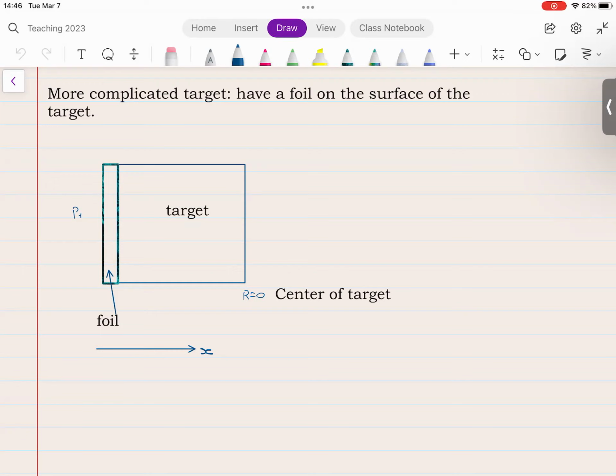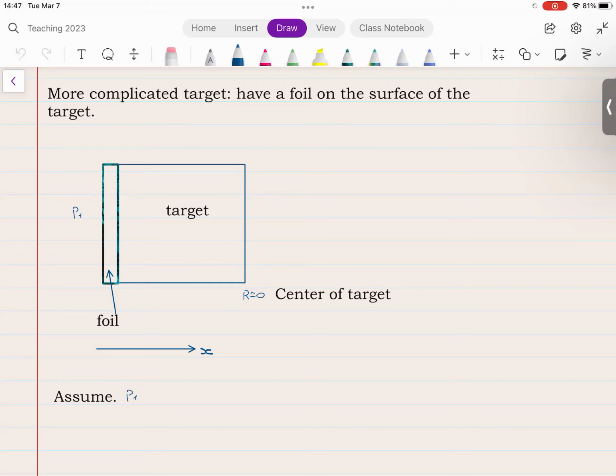Now, if the pressure is constant, pressure P1, I suppose I could have written it.